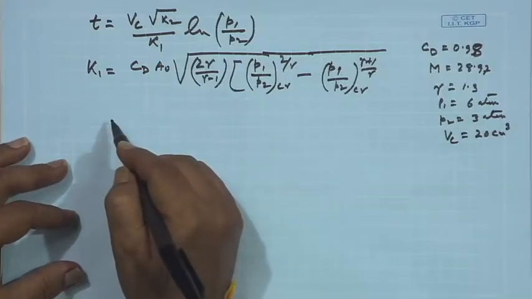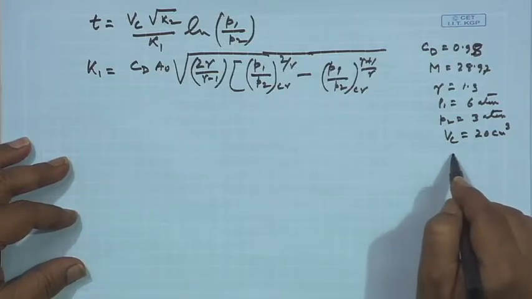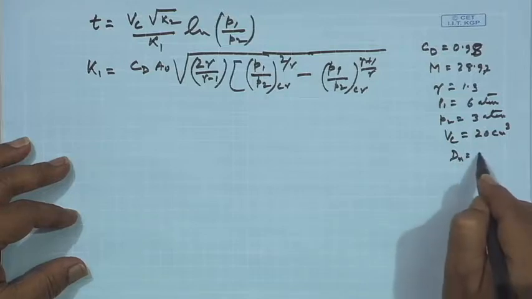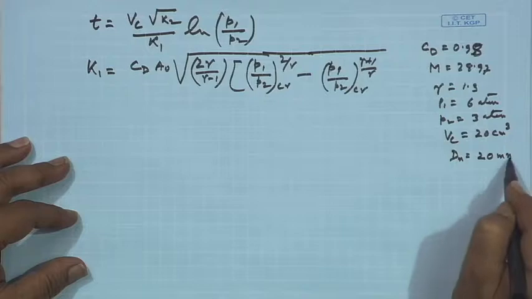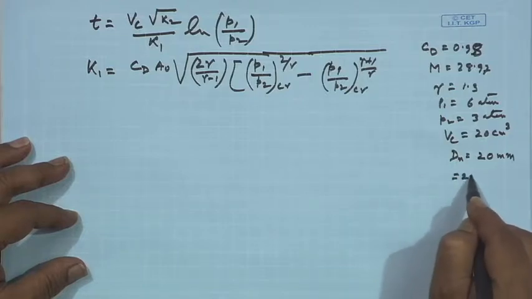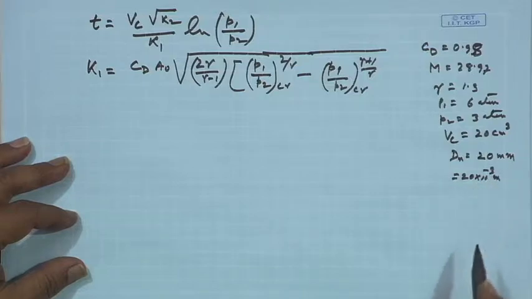Then also you were given a nozzle of diameter, that is D nozzle is equal to 20 millimeter, right. So, 20 millimeter diameter is equal to 20 into 10 to the power minus 3 meter.